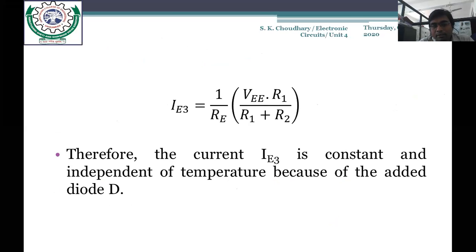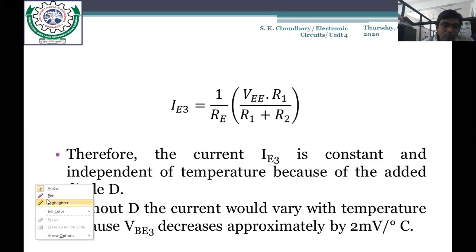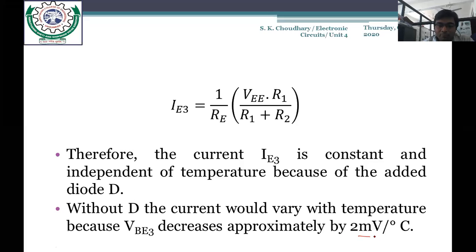This diode cancels the effect of VBE3, because we know that VBE3 decreases by approximately 2 millivolts per degree Celsius. Per degree rise in temperature, VBE decreases by 2 millivolts. That is why we have connected a diode here, to balance this temperature effect.